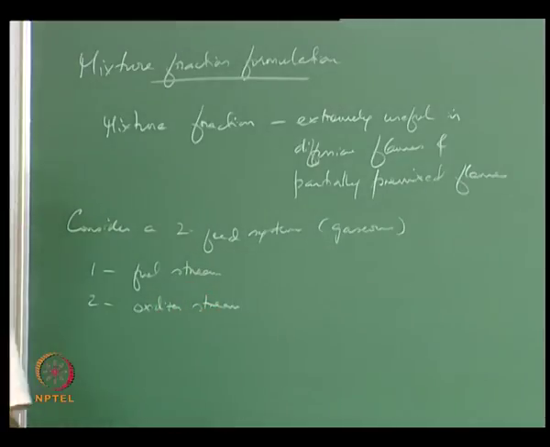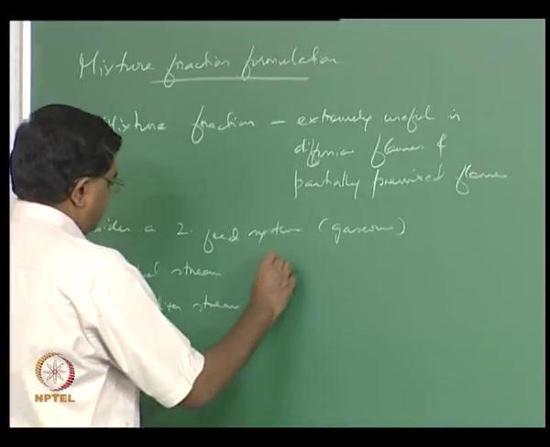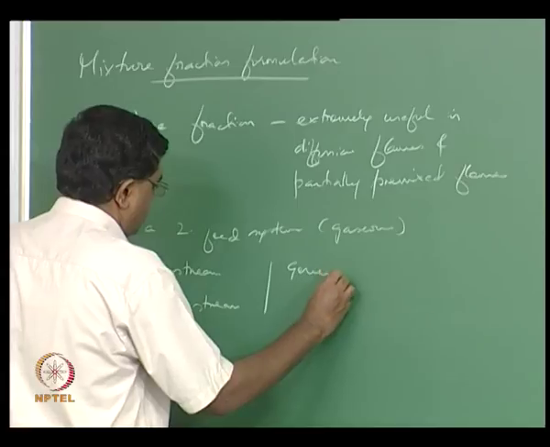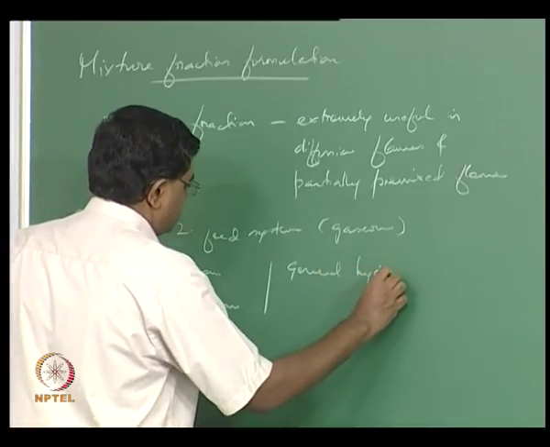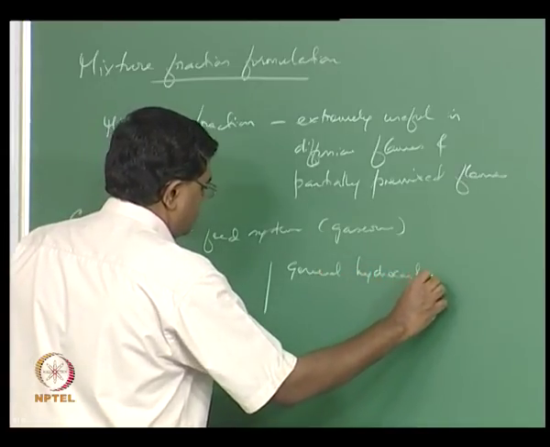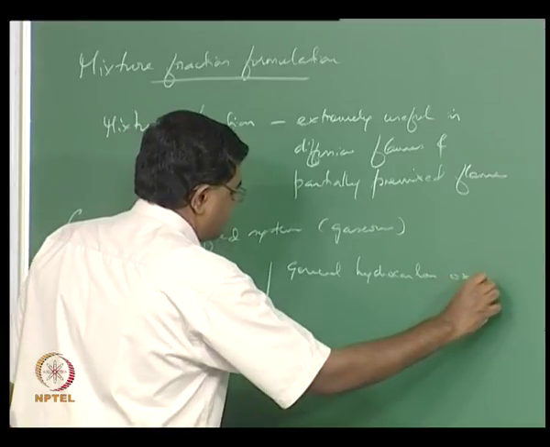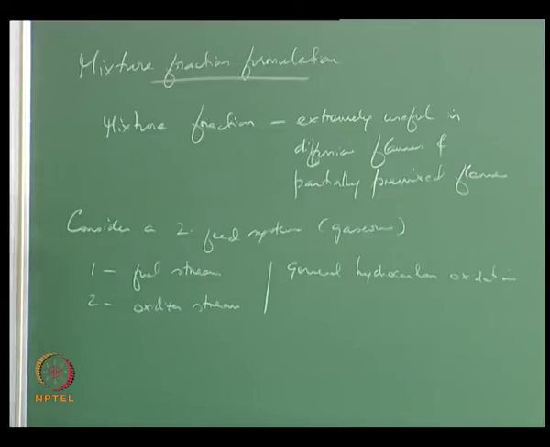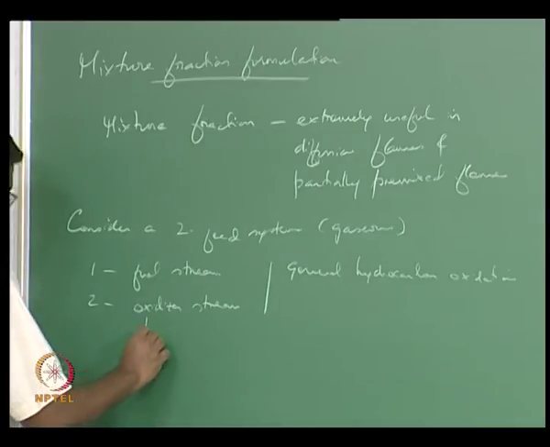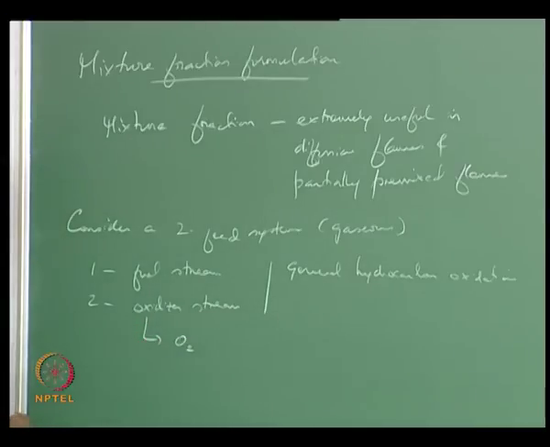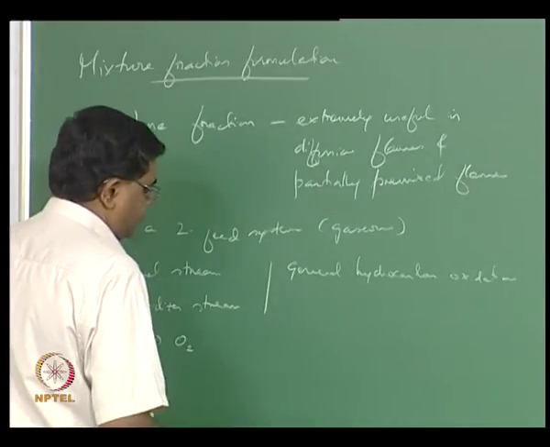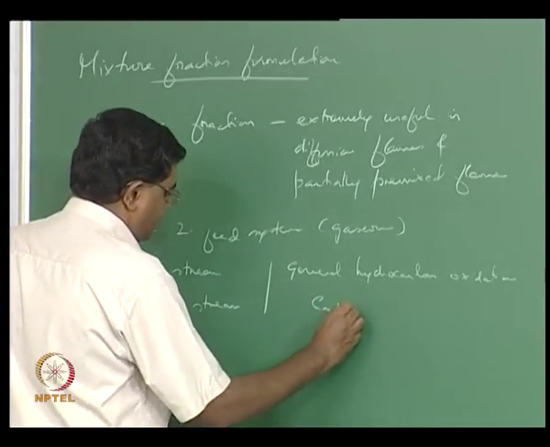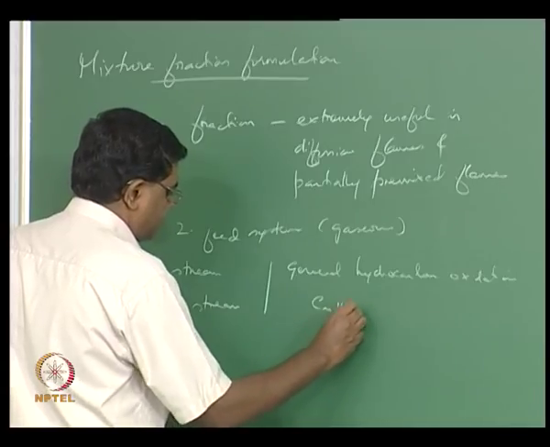In fact, we will try to adopt this for a general hydrocarbon fuel, hydrocarbon oxidation. That means when we now say oxidizer, we will mainly be thinking about O2, and for the fuel we might mainly be thinking about a CmHn kind of hydrocarbon.